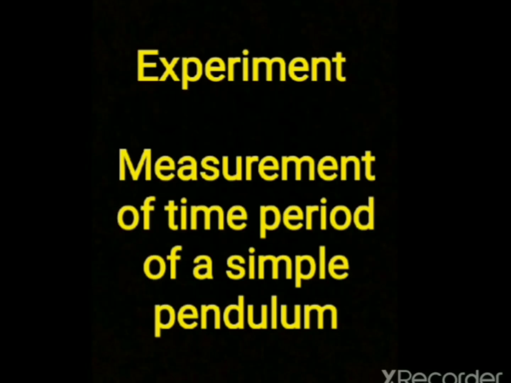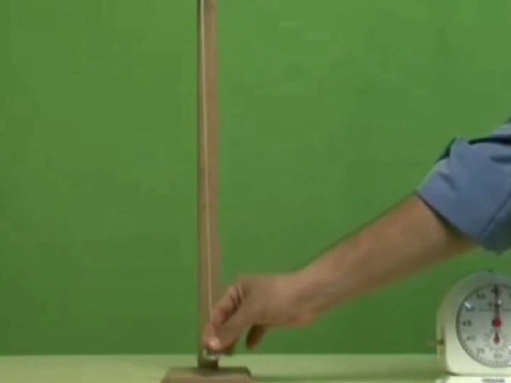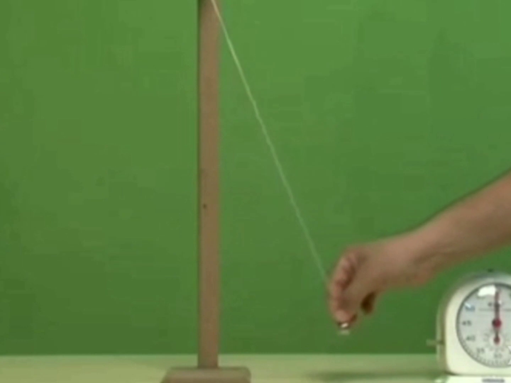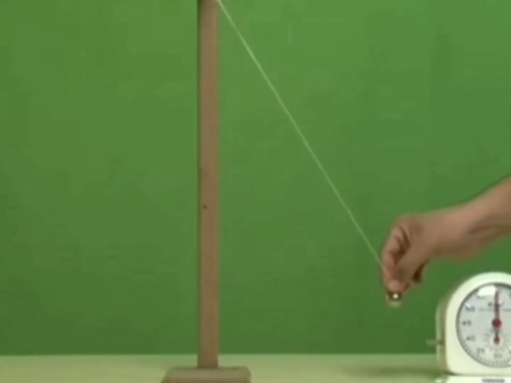Next, we are going to study how to measure the time period of a simple pendulum. We are going to do an experiment to find the time period of a simple pendulum. To measure it, the bob is slightly displaced from its mean position O and then released.